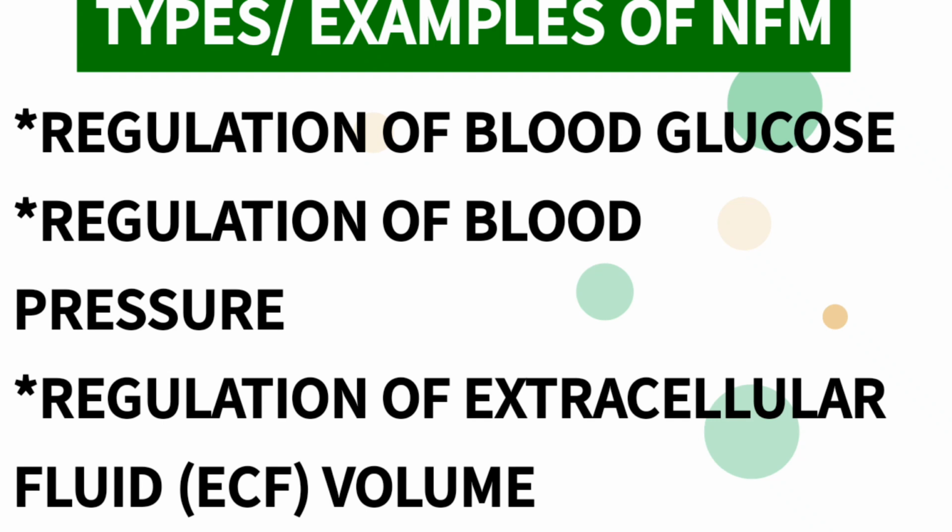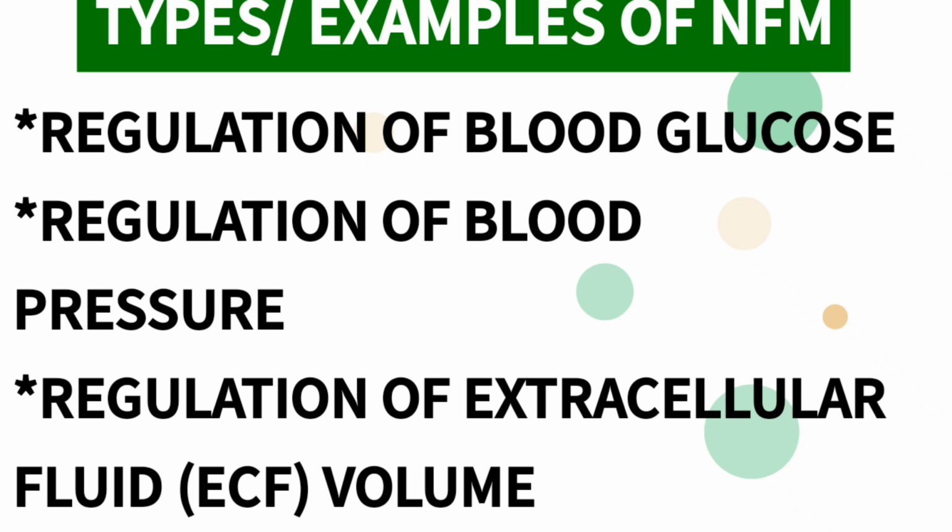And the third point is the regulation of the extracellular fluid volume, the ECF volume. When the ECF volume falls, aldosterone is secreted, which causes sodium ion reabsorption and water retention, and the ECF volume returns back to normal.